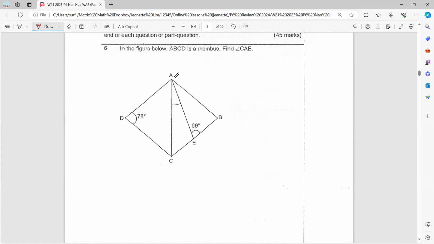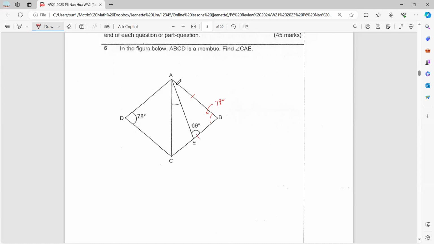First, let's find out. If I want to find this angle, I look at this triangle here. I need 2 things. I need this angle here and also this angle here. Right? So how do I find this angle here? Is a rhombus, so opposite angles are the same. This is 78. So remember rhombus equal sides.